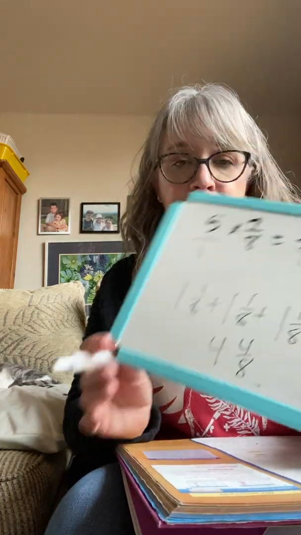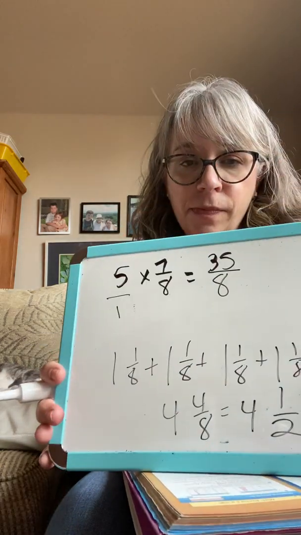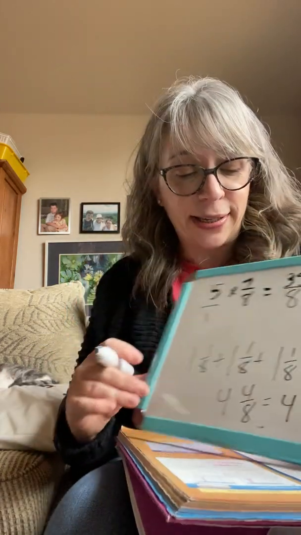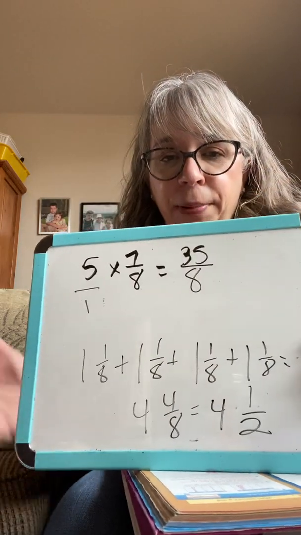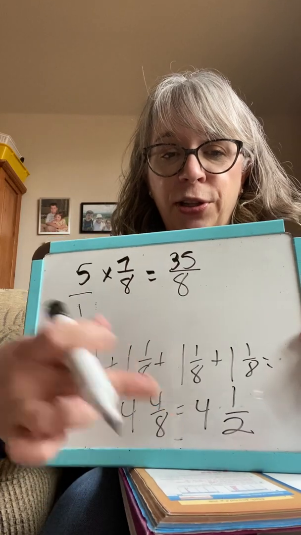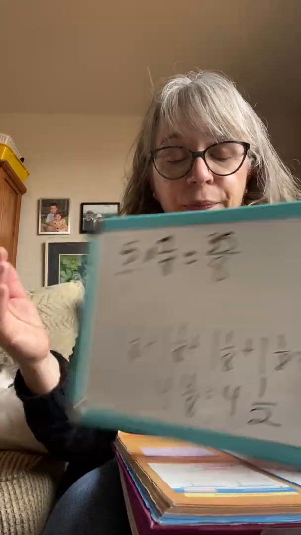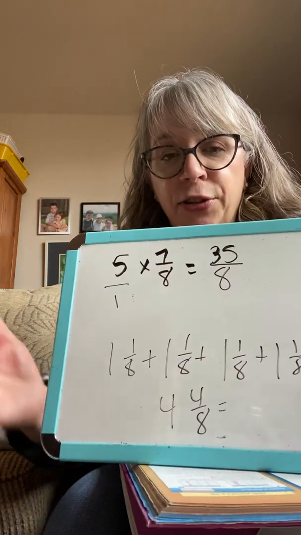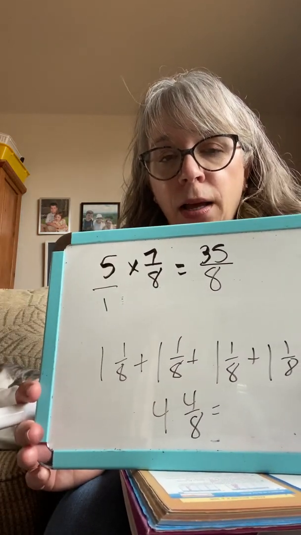So we have 4 and 4/8, which can be reduced to 4 and 1/2. That can be a problem, because right now our denominator up here is an 8, and we just switched it, but we don't have to. We can keep it 4 and 4/8 just so we can add easier to get the weight.